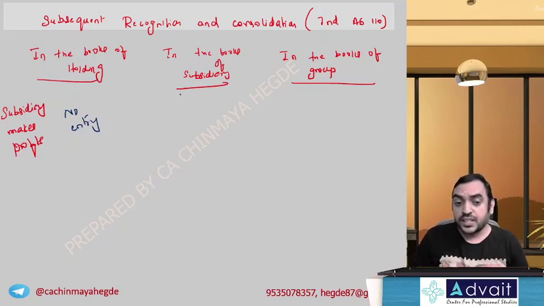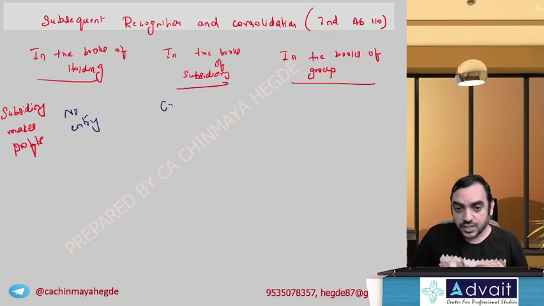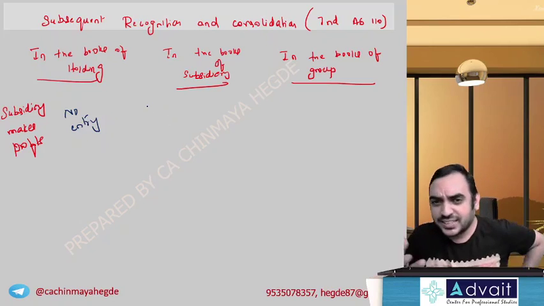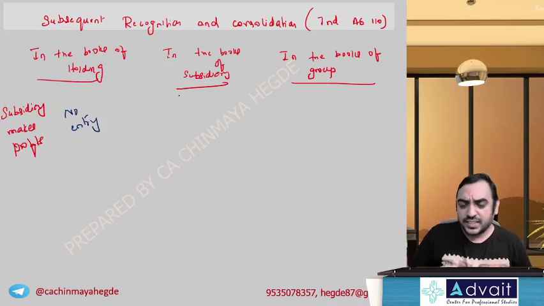In the books of the subsidiary company, let's assume everything is cash profits, or let's say net assets. Various assets get created. Let's say debtors get created, creditors also get created, like cash, debtors, creditors, etc. Cash is received, debtor is created, creditor is created.